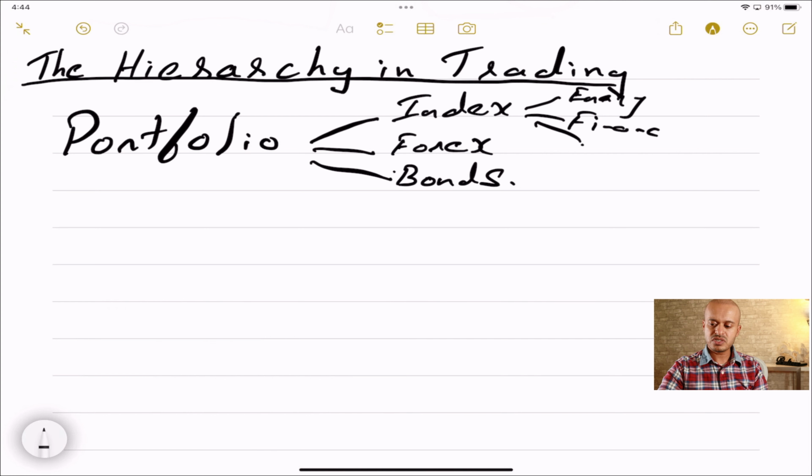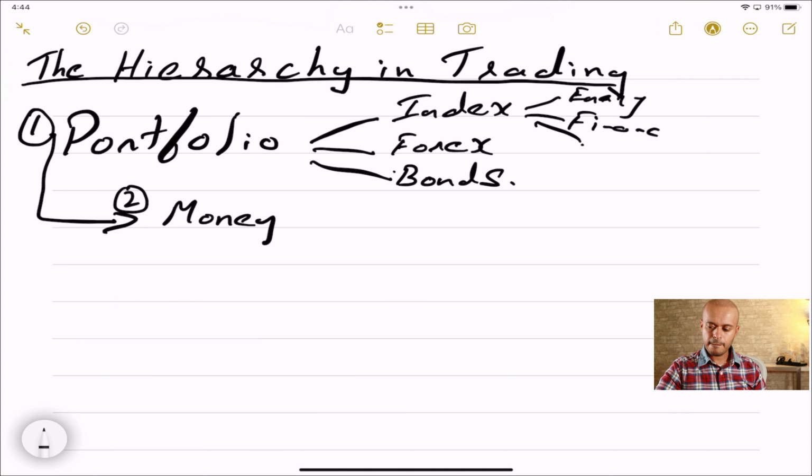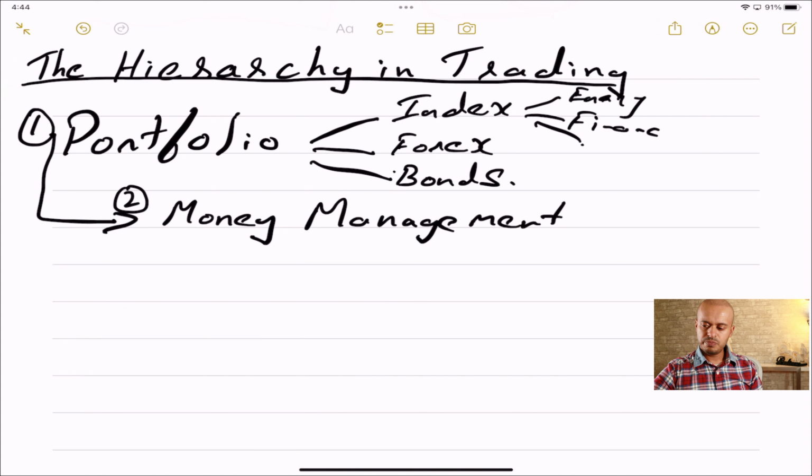The next subset is, with portfolio being your number 1, the number 2 would be money management. Okay, so you've selected your portfolio: I need Forex, I need bonds, I need indexes. The next comes money management.